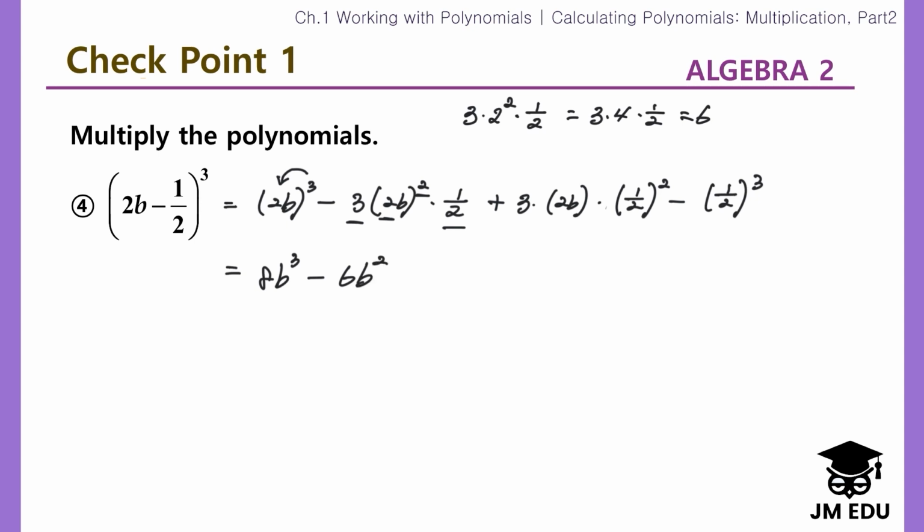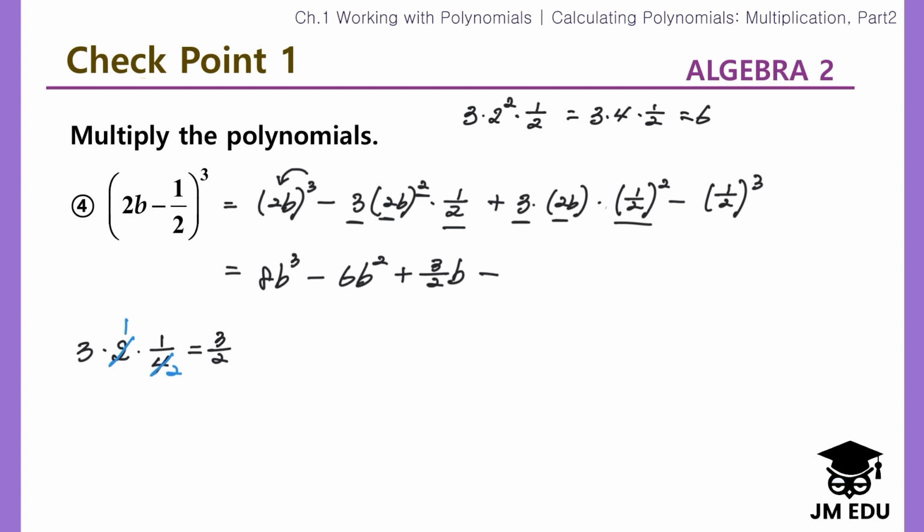Plus, we have 3 times 2 times 1/2 squared, that's 1/4. So that's going to be 2 times 1, 2 times 2, 3 times 1/2, that's 3/2b.